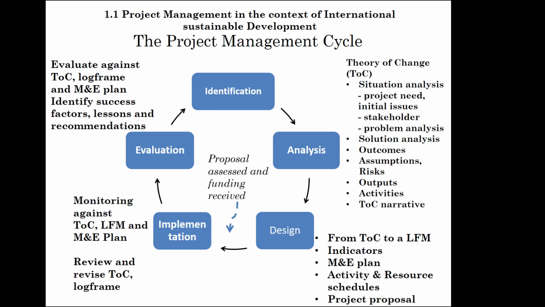And you will implement all the activities following the logical framework matrix structure that you have, and also having your activity schedule so that you can plan which resources, which manpower is going to be active in which period.